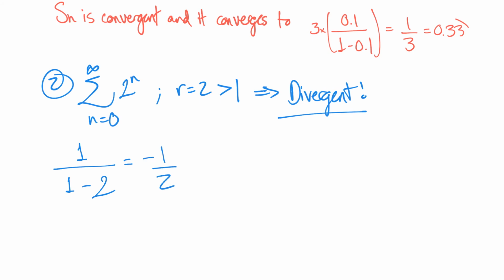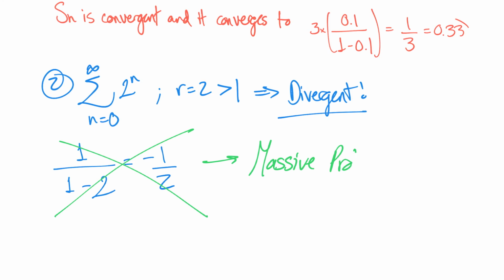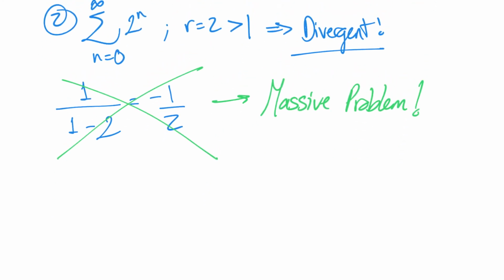So here is where we see this is a massive problem. Why? Well, guys, because we're adding up positive numbers.